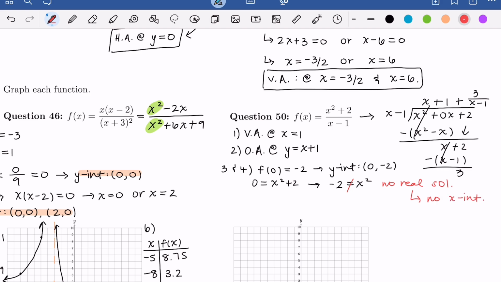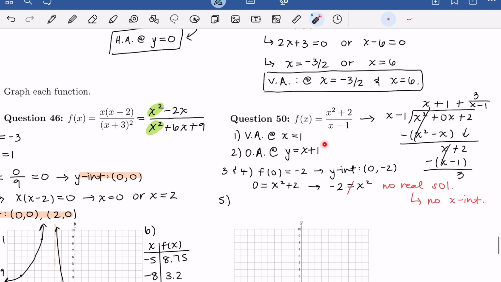All right. Now for step 5, we want to figure out if our function is ever going to intersect our oblique asymptote. So we set this function equal to the equation of our oblique asymptote: (x squared plus 2) over (x minus 1), and we want to see if this equals x plus 1.